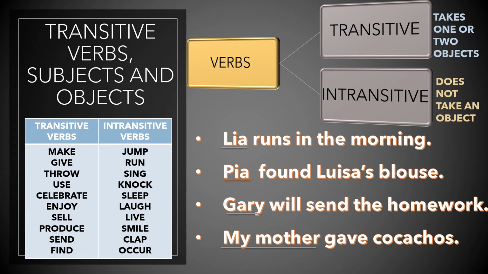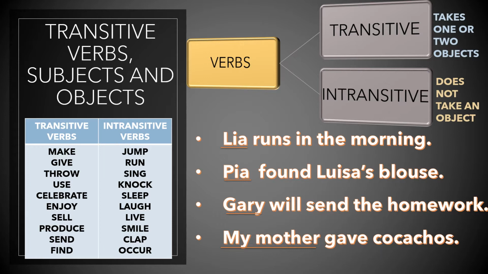Here we have some examples, okay? Leah runs in the morning. In this situation, we know, well, from the list, we know that run is intransitive, and actually you can see it because you don't have an object after runs. You actually have a prepositional phrase, which is in the morning. But the other three sentences, we have Pia found Luisa's blouse. Gary will send the homework.